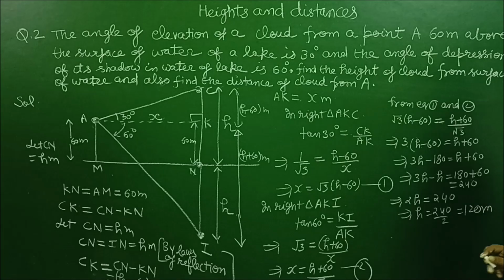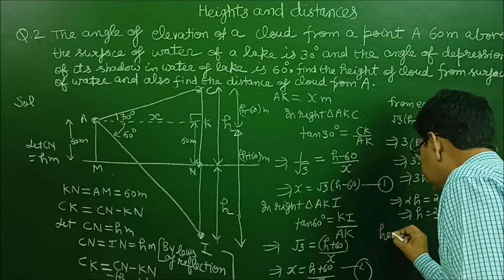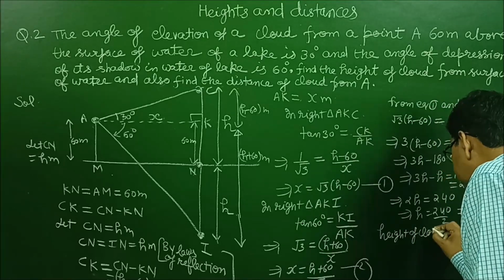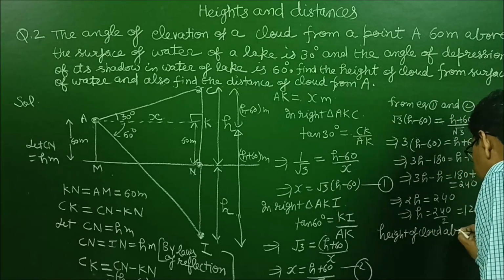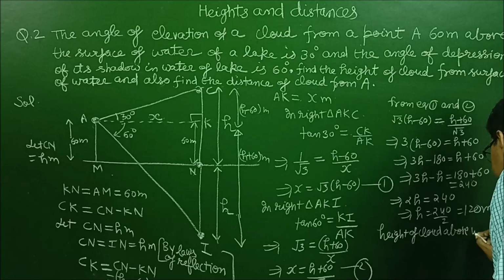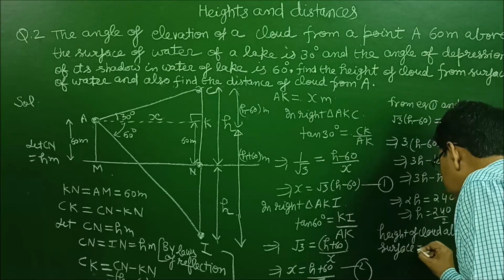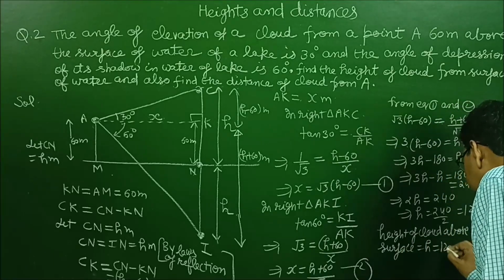So height of cloud above water surface is h, which is equal to 120 meter.